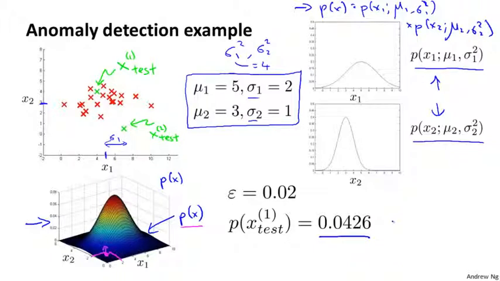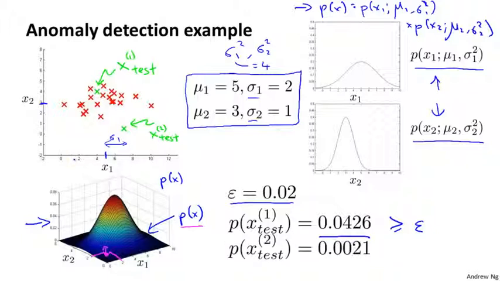In particular, this is greater than or equal to epsilon, and so there's a pretty high probability, at least bigger than epsilon, so we'll say that x1 test is not an anomaly. Whereas if you compute p of x2 test, that gives a much smaller value, so this is less than epsilon, and so we'll say that that is indeed an anomaly because it's much smaller than the epsilon that we chose. And in fact, I didn't prove it here.